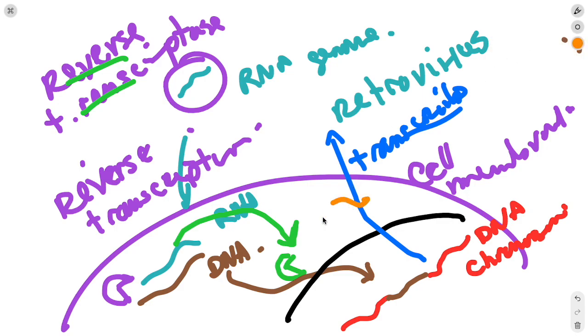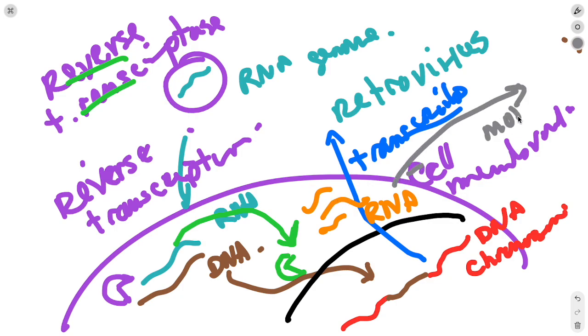So here's RNA, and those can be used to produce more viruses. So that's the replication cycle: infection, then reverse transcription, then insertion, then transcription, like that.